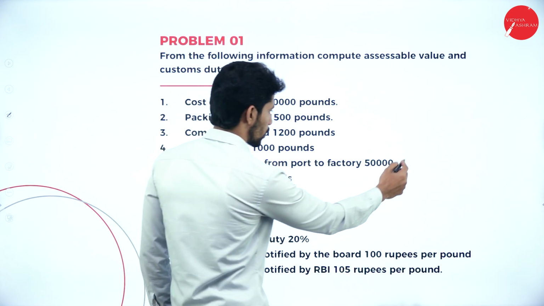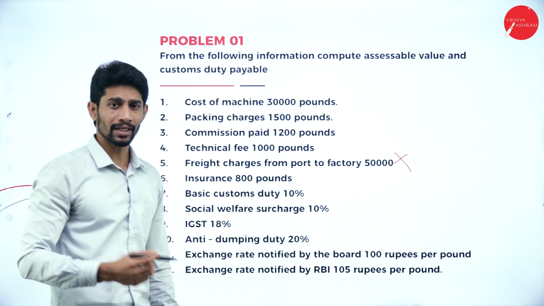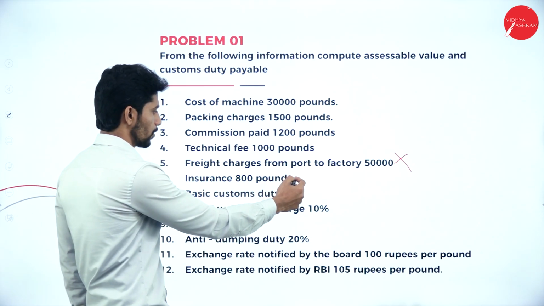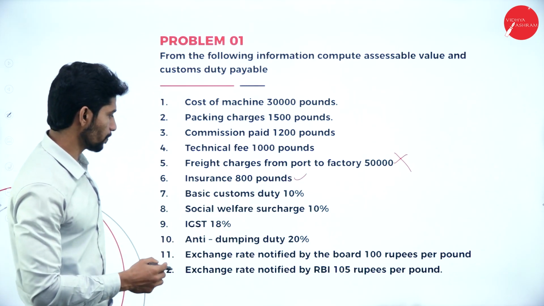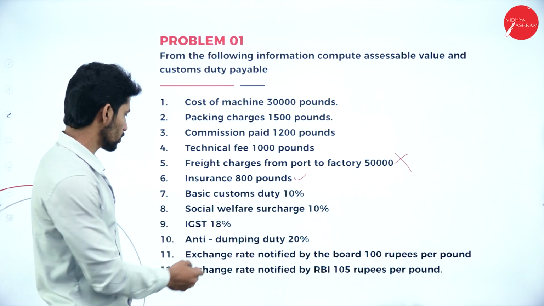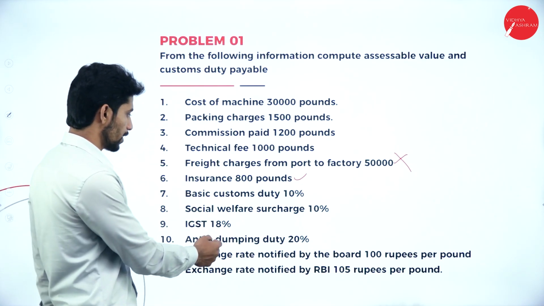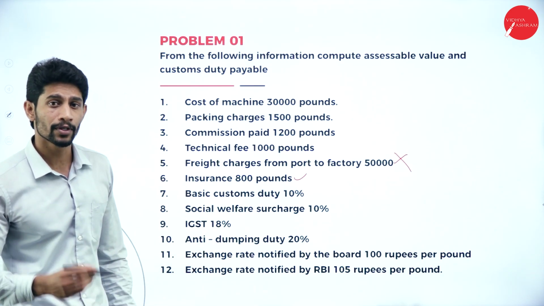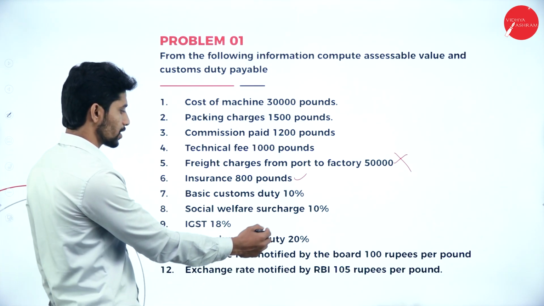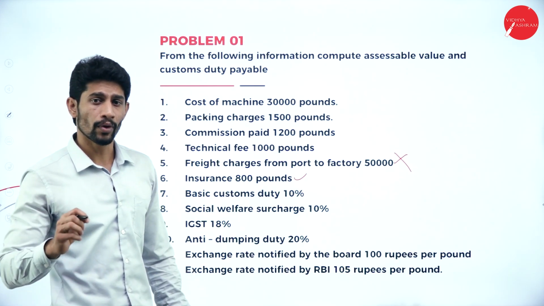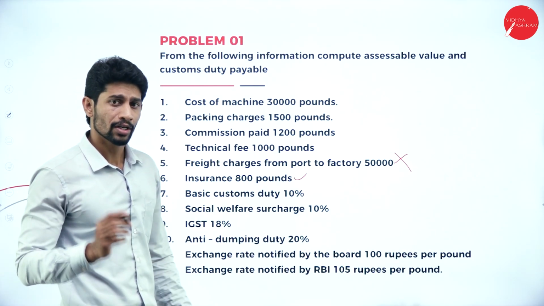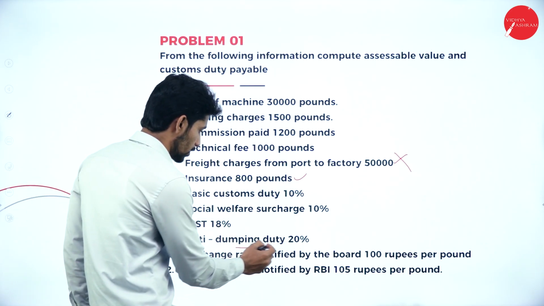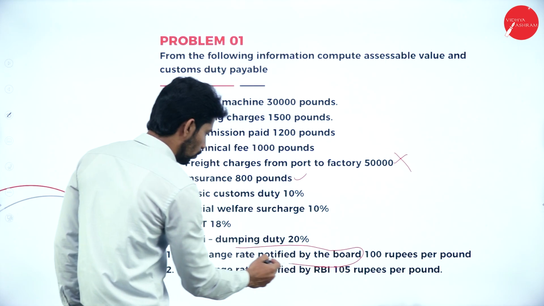We are not supposed to consider this because it is happening in India, port to factory. Insurance 800 pounds. Next, basic customs duty 10%, social welfare surcharge 10%, IGST 18%, anti-dumping duty 20%. Exchange rate notified by the board is 100 rupees per pound and exchange rate notified by RBI is 105 rupees per pound.